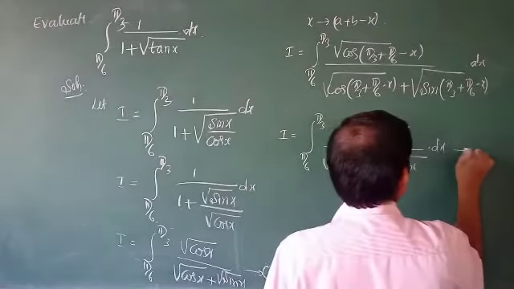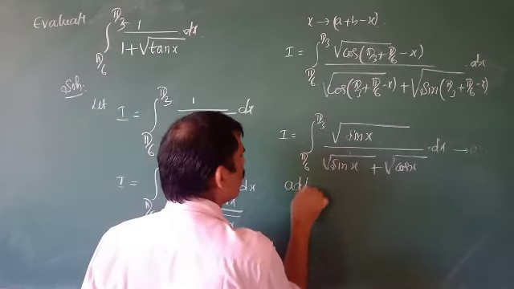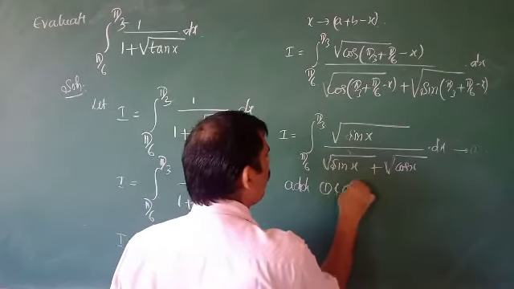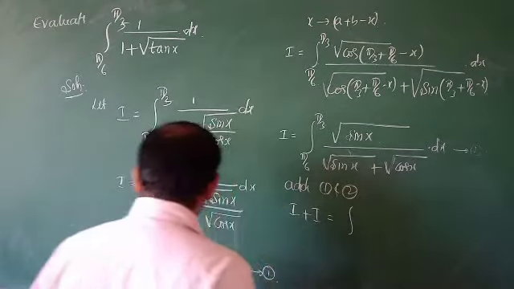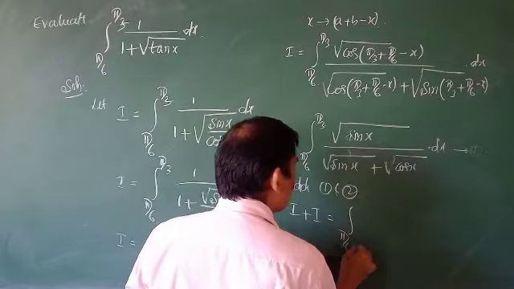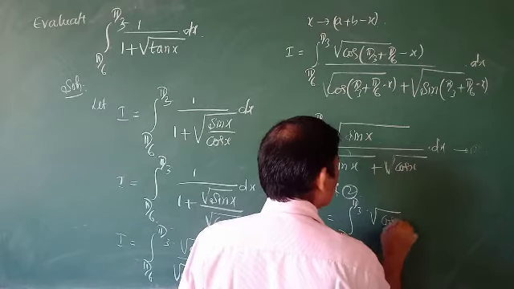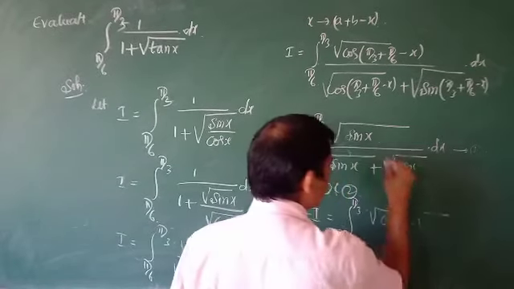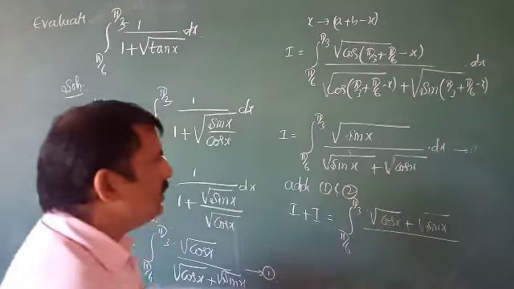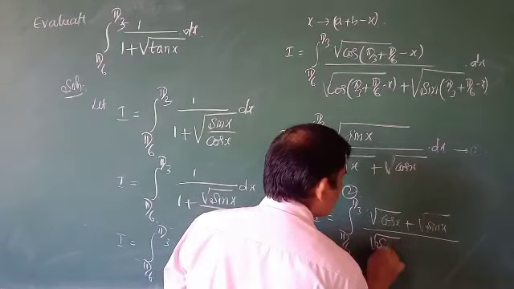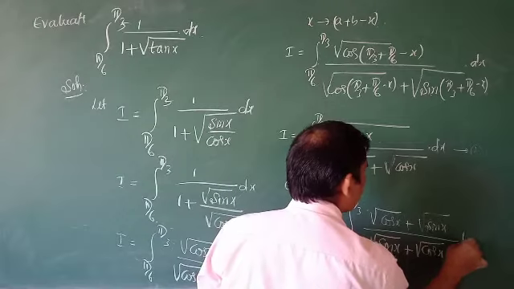This is equation 2. Adding 1 and 2, I plus I is equal to the integral from pi by 6 to pi by 3 of square root of cos x plus square root of sin x divided by square root of sin x plus square root of cos x, with respect to x.